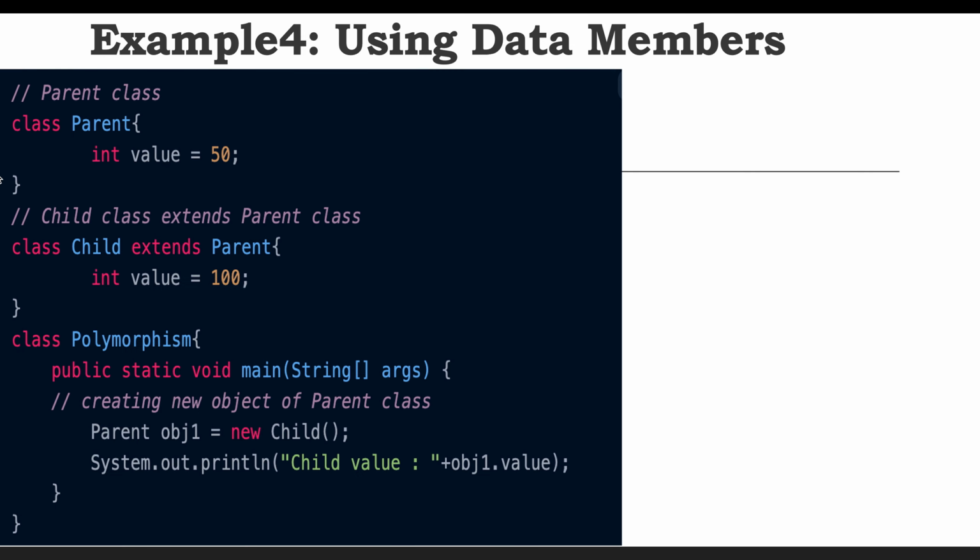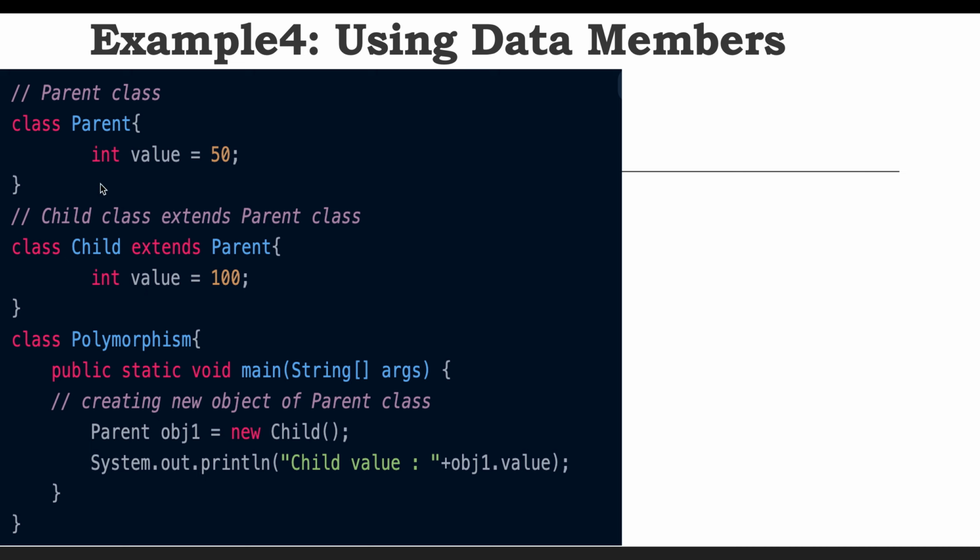Suppose we have a parent class with a data member, int value equal to 50, and a child class extending the parent class. This variable will be automatically available inside the child class. But if the child also defines the same variable, then as per the overriding concept, this variable will be overridden, and now the value is 100.